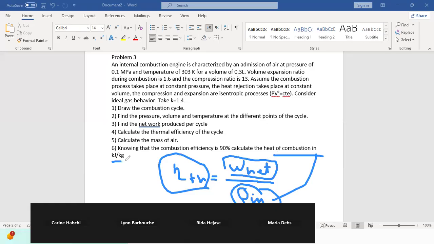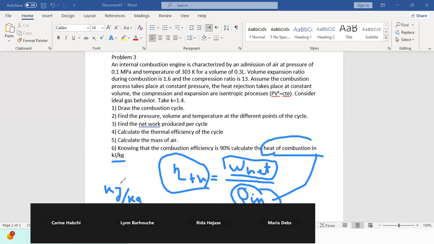In the ideal scenario, if we do the analysis of Q input in kilojoule per kilogram, if I don't have any losses during my combustion, I can consider that the input heat per kilogram of fuel should be equal to the heat of combustion in kilojoule per kilogram. But you know that you always have losses.